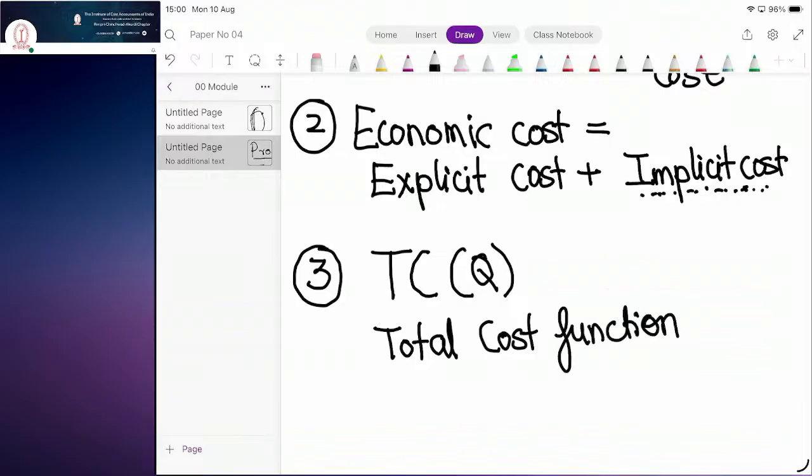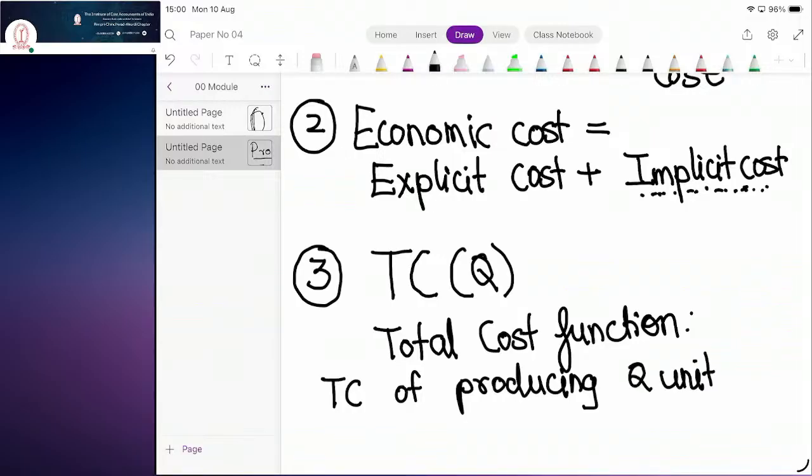And it gives us the total cost of producing Q units of output.